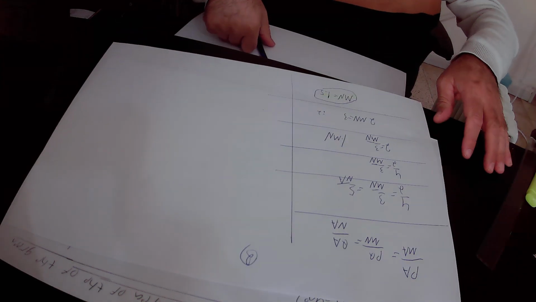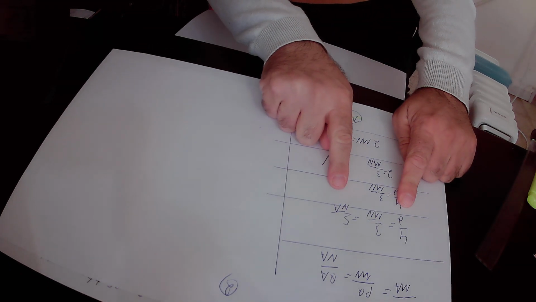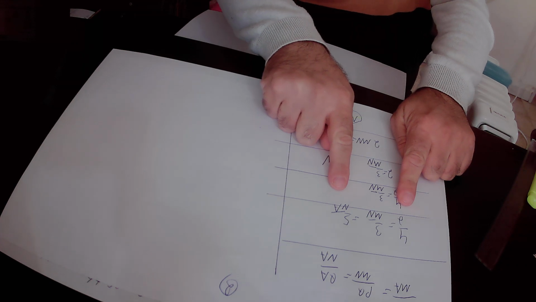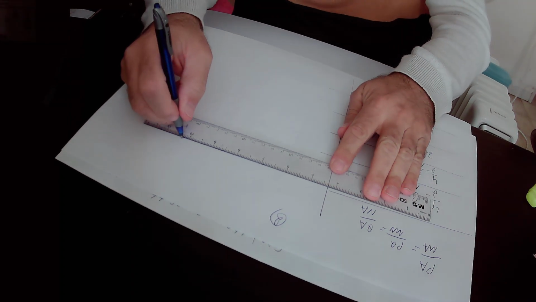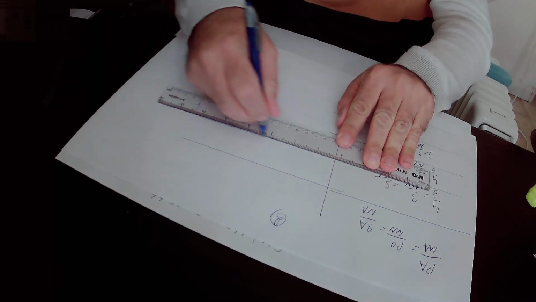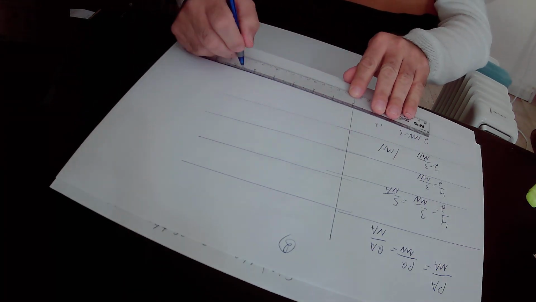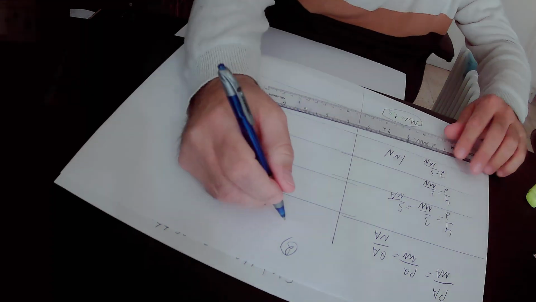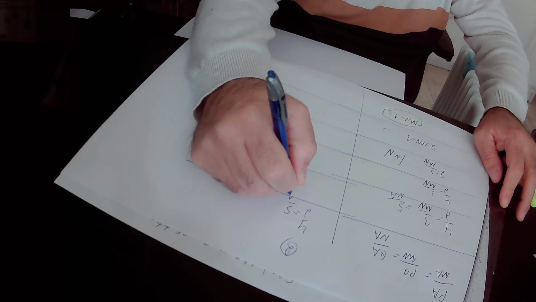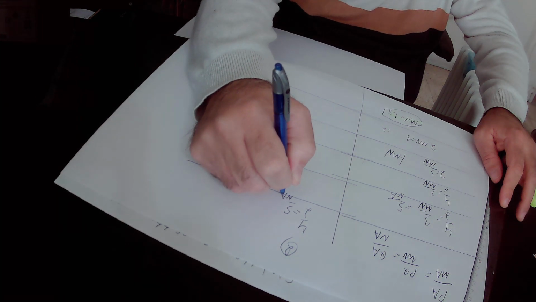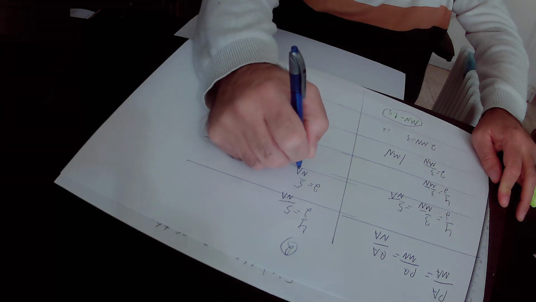From the same equation, we derive that 4 over 2 equals 5 over NA. 4 over 2 is 2, so 2 equals 5 over NA.